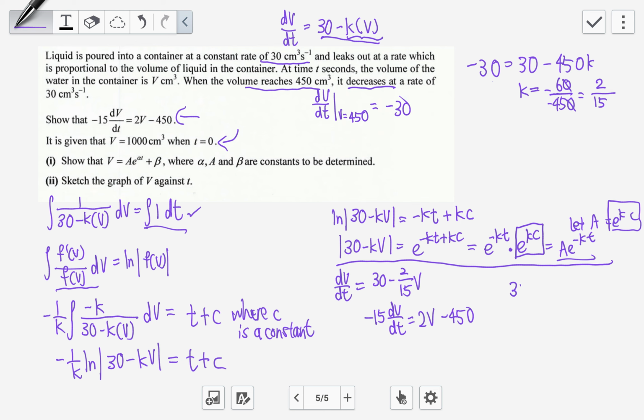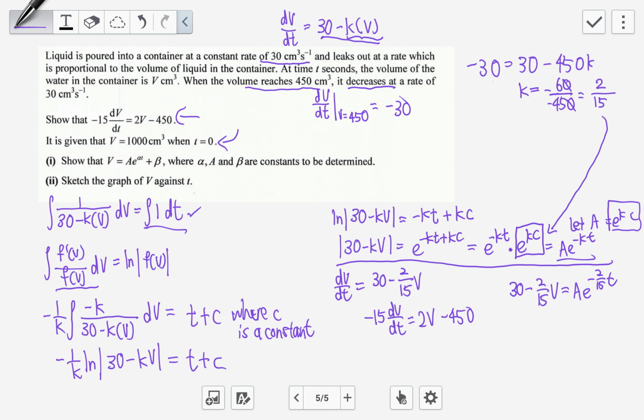So I have 30 minus 2 over 15 v equals a e to the minus 2 over 15 t. I'll get this differential equation when I substitute the k inside this equation. So then it decreases.